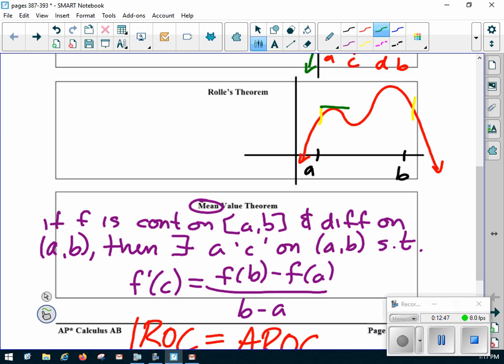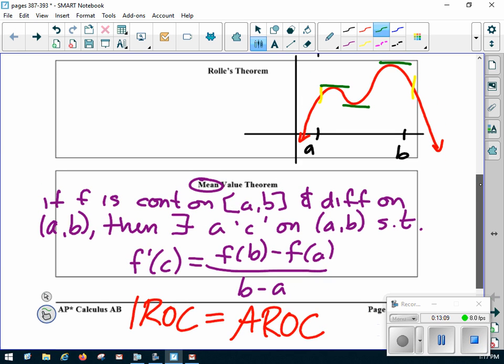The derivative is equal to 0 right there, and right there. Remember, the differentiable part means that there cannot be any pointy places or cusps. Okay?